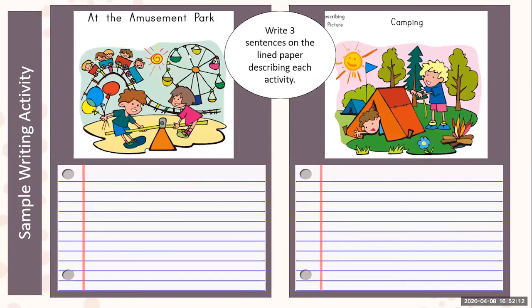Maybe you type the student's name and you say, okay, Adam, I want you to try to type a sentence that describes this picture. And then here, Stacy, I want you to type or write on that line. So you could have multiple students working at the same time. And then, like I said, you could do your peer review and say, okay, let's take a look at Adam's sentence.